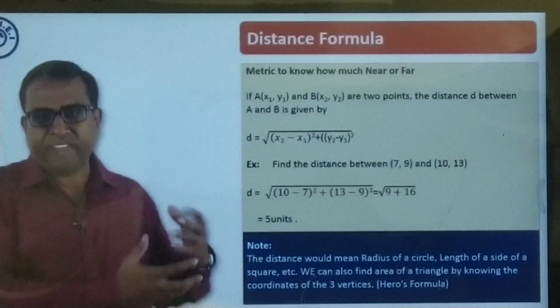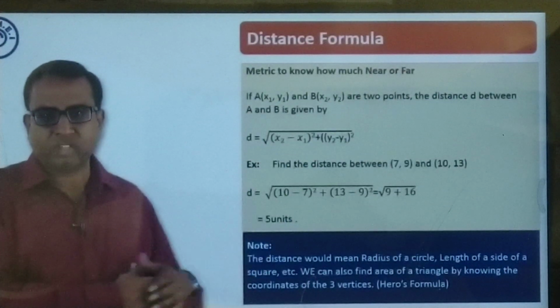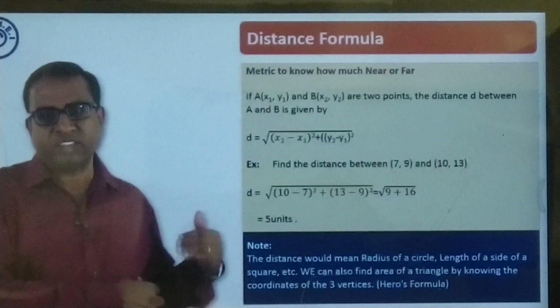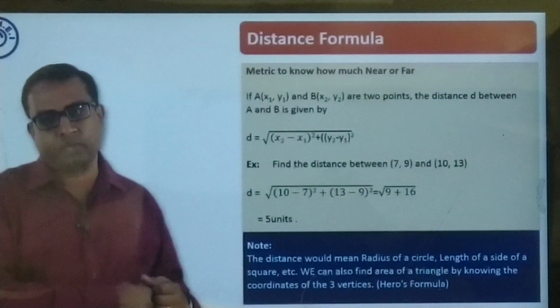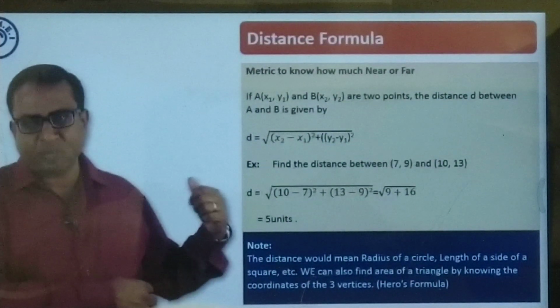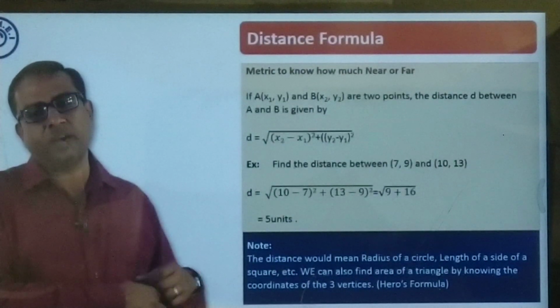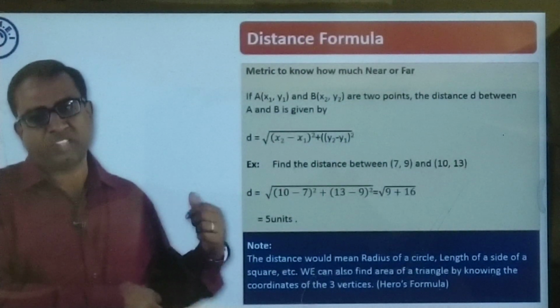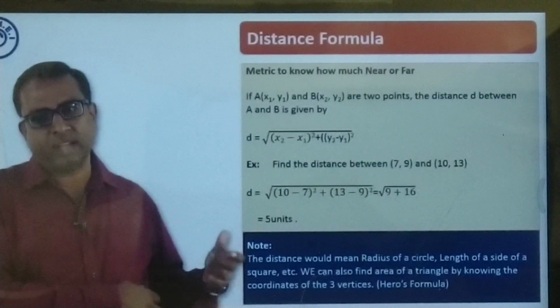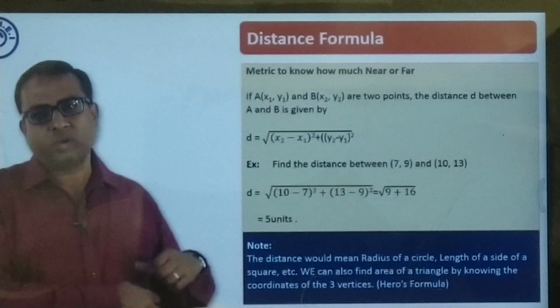Okay, life is better if we have an example for this. Suppose the 2 points given to us are 7, 9 and 10, 13. One point is 7, 9, the other point is 10, 13. So you can clearly see x1 is 7, y1 is 9, x2 is 10, y2 is 13.